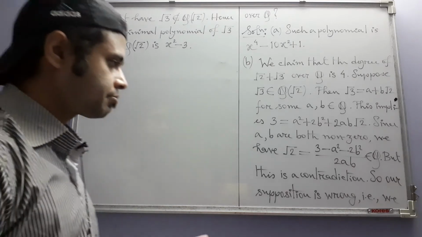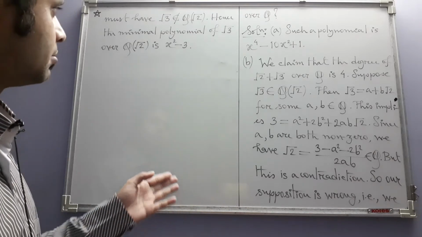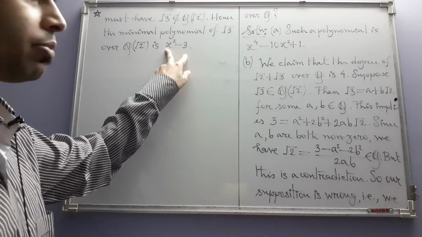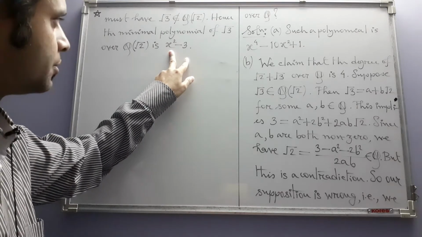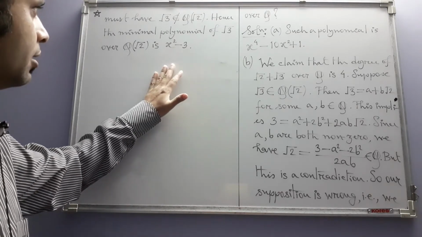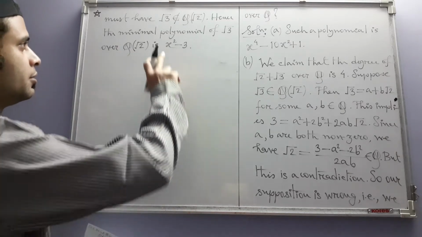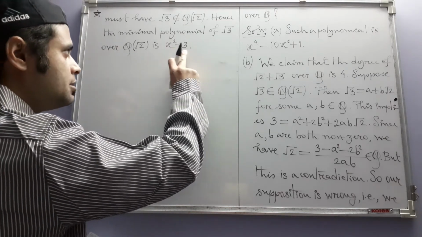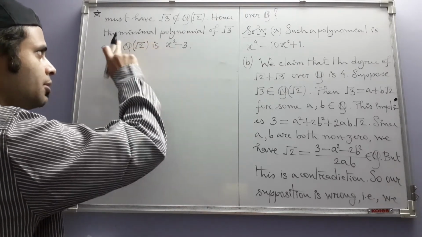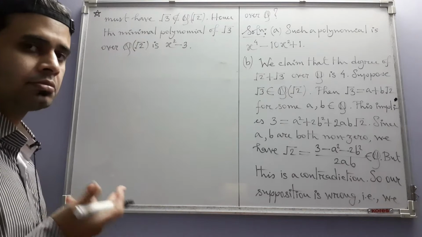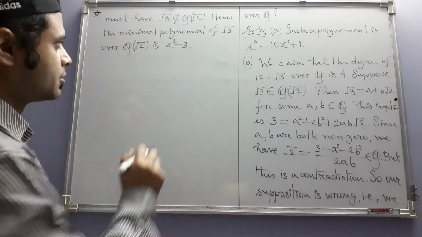You see, over the field of rational numbers, this is a polynomial that square root of 3 satisfies. So the minimal polynomial, okay, but before that, because this is a polynomial over Q, it's also a polynomial over Q(root 2) naturally, because Q is contained in Q(root 2).